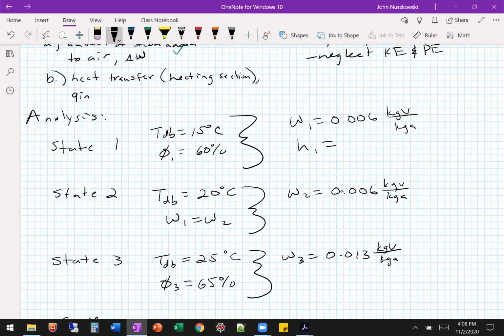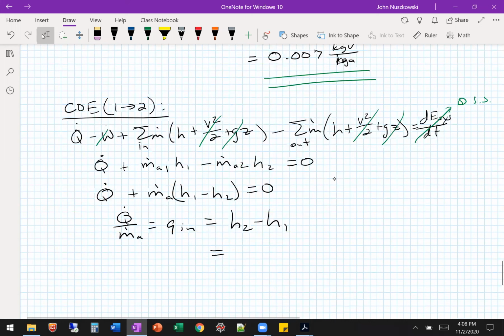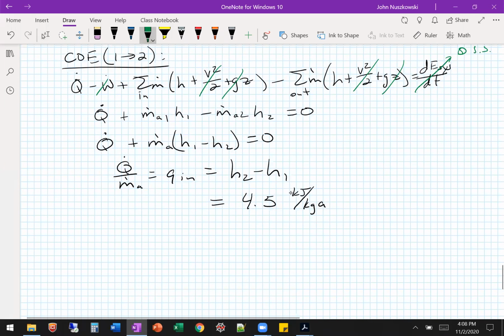Right, enthalpy at 1, enthalpy at 2. So therefore we get 4.5 kilojoules per kilogram dry air. Questions on that?